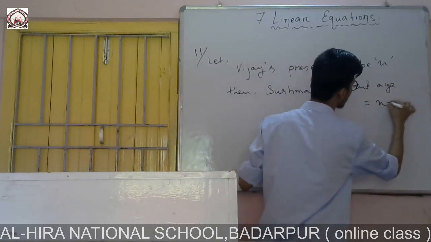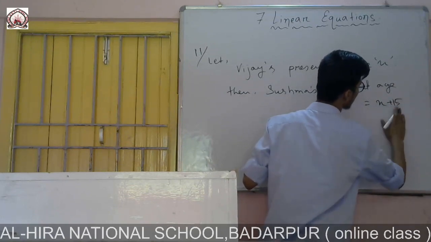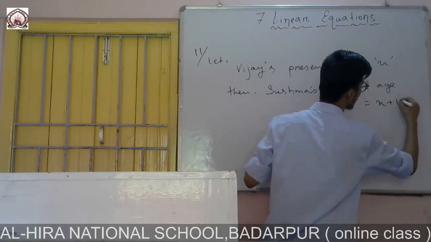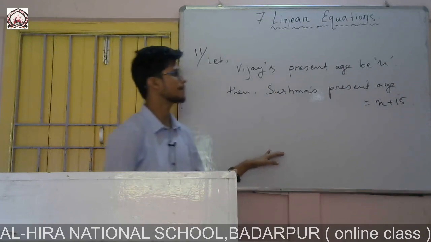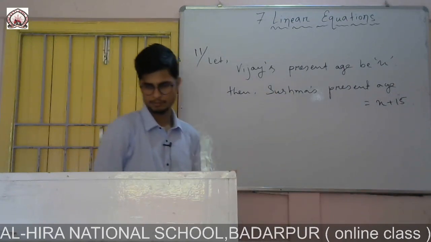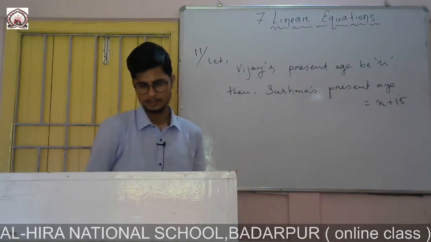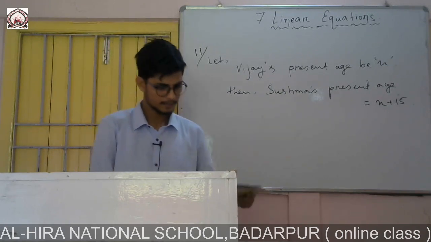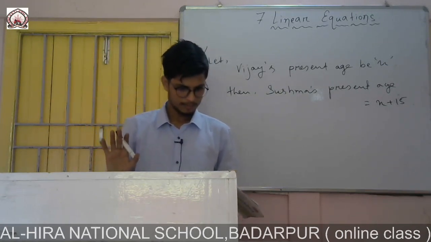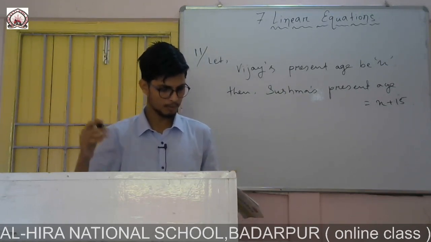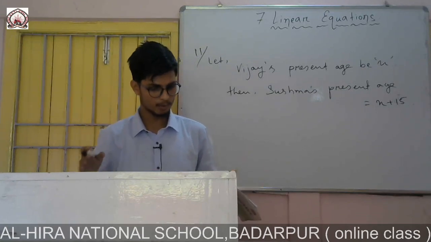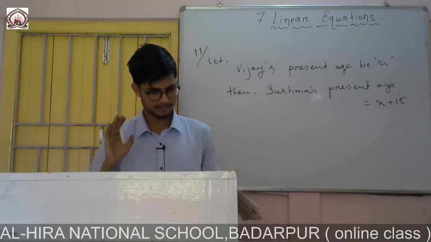Bijay's age is x, so it is x plus 15. So this is the present age of Sushma. Now it is given that in 3 more years, she will be 8 times as old as Bijay was 3 years ago.